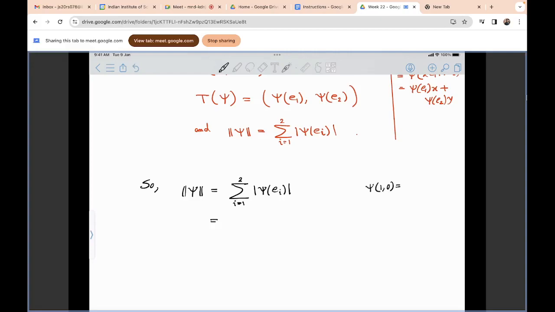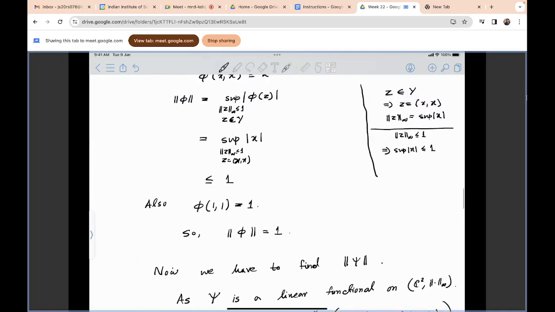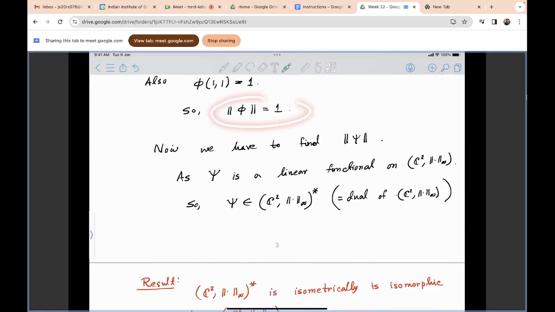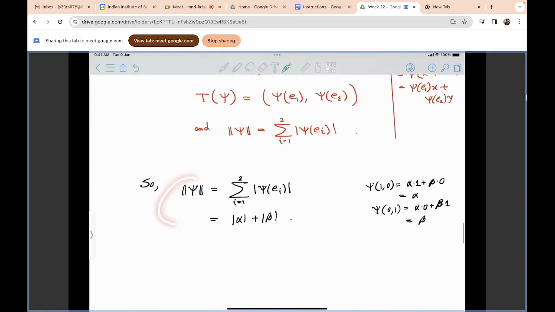So psi of (1, 0) is alpha times 1 plus beta times 0, so it's alpha, and psi of (0, 1) is alpha times 0 plus beta times 1, so it's beta. So norm psi is mod alpha plus mod beta. So we have got the norm of phi to be 1 and the norm of psi to be this.